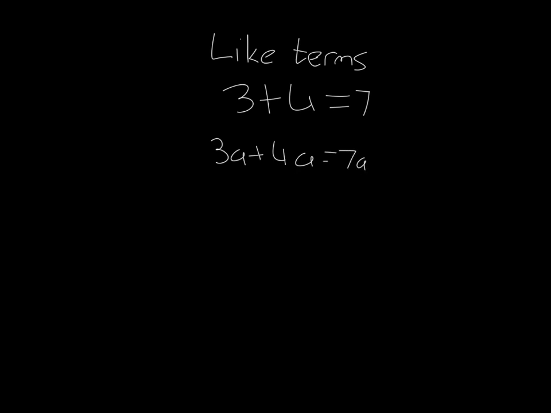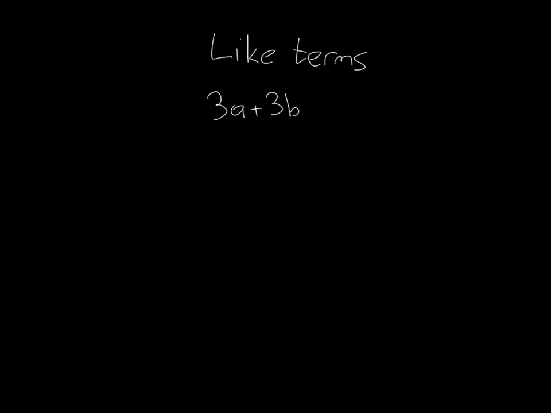If I had 3 apples and then I got 4 more apples, in total I would have 7 apples. Right. And we notice that here we've got an a and here we've got an a. That means that 3a and 4a are like terms because they have the same variables.